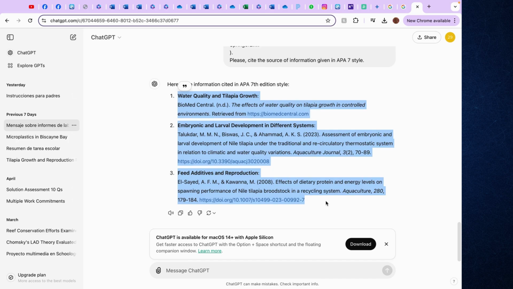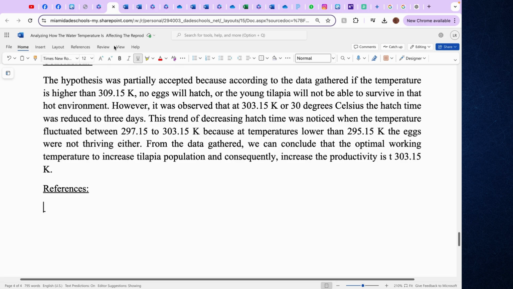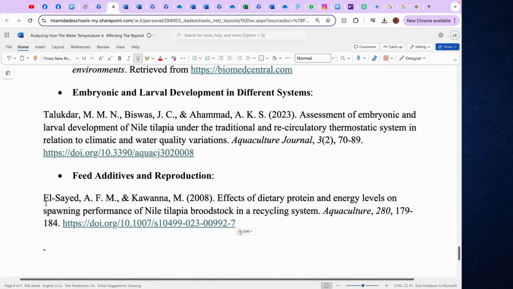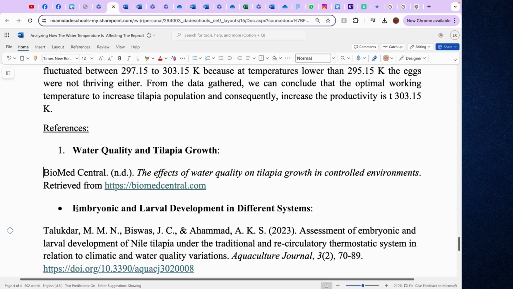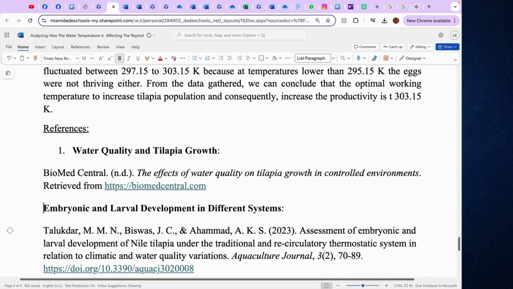You're going to highlight, copy. You go to your Word document, and here you paste. Now, what's the problem here? You need to fix this because I don't need that. So this is one. You don't need this. This is the two.